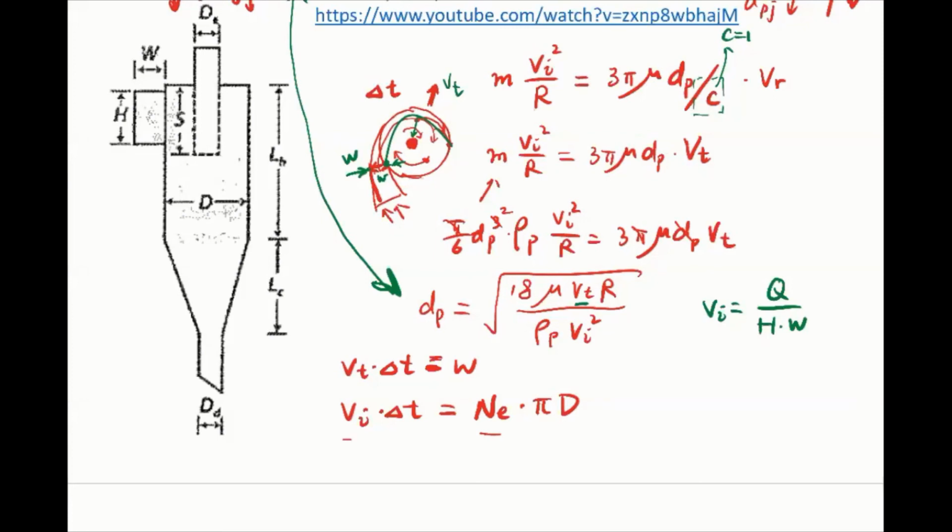So vi multiplied by delta t is the total distance that the particle makes in terms of the rotational movement, okay? So we have these two equations, right? Now if we divide these two equations, we can cancel the delta t. That's going to be W divided by Ne pi d.